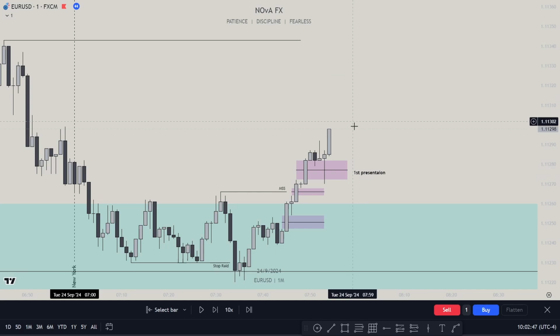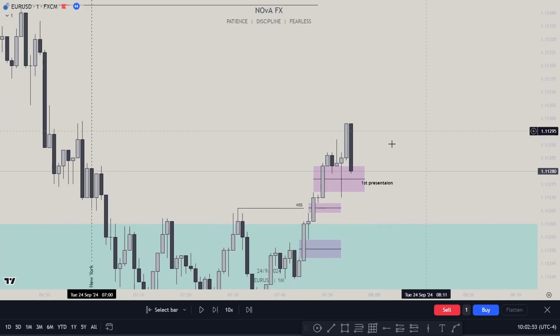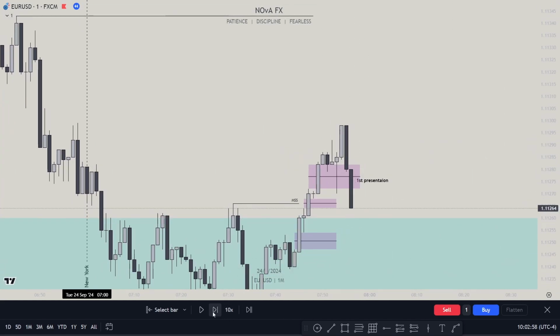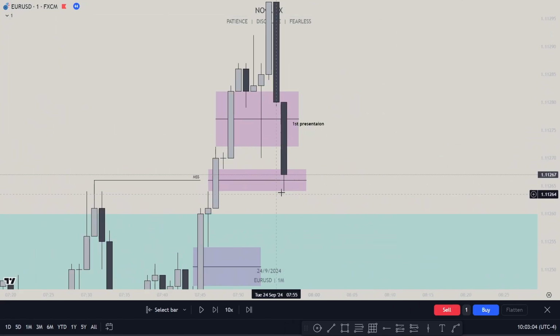All right, so now let's see what the price does. Okay, we can see that the price is still respecting the 1 minute FVG. It closed below this one, and we can see that it's also respecting this FVG. It just closed in the down part of the FVG.